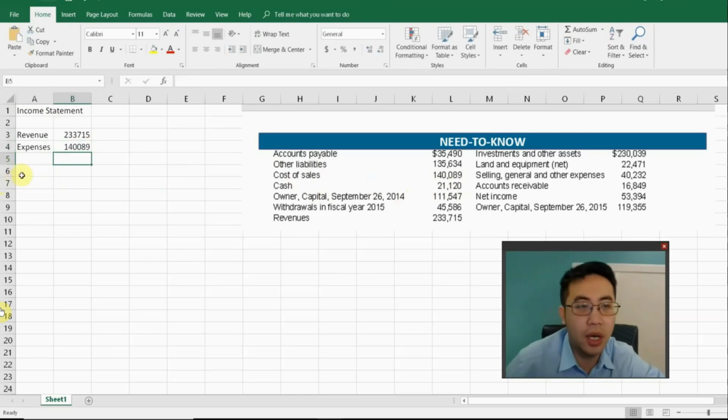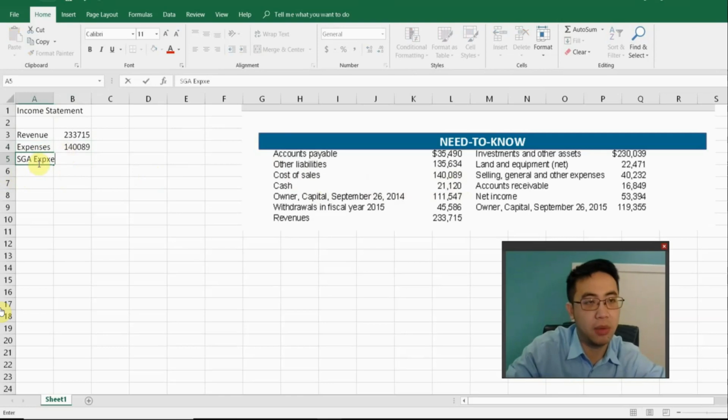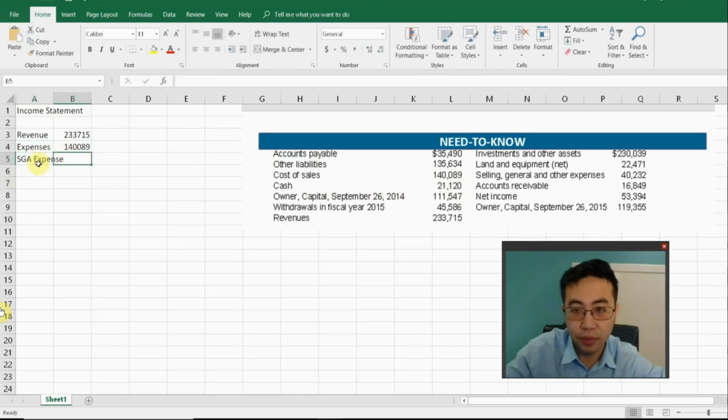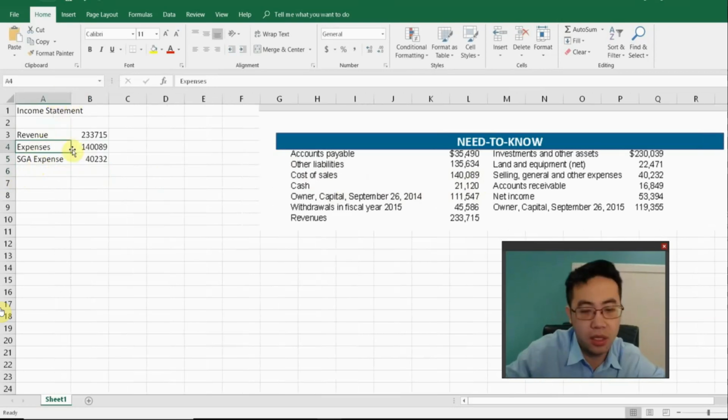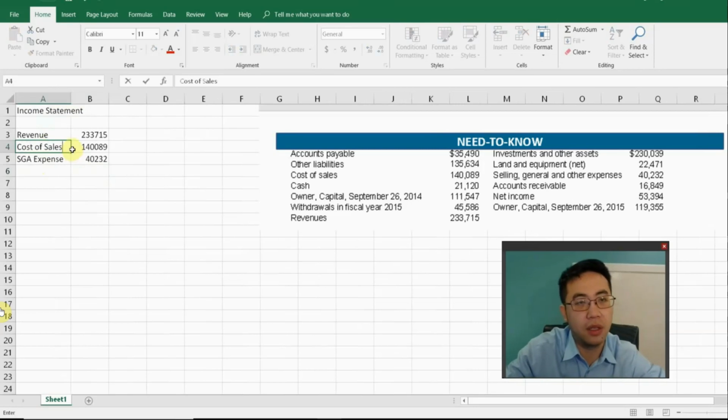The next one is selling and general expenses, or SGA expense, and that equals 40,232. And the other one, let me just say cost of sales.